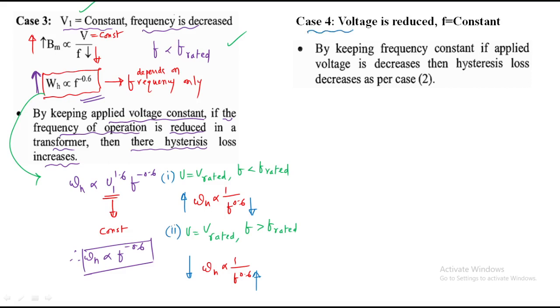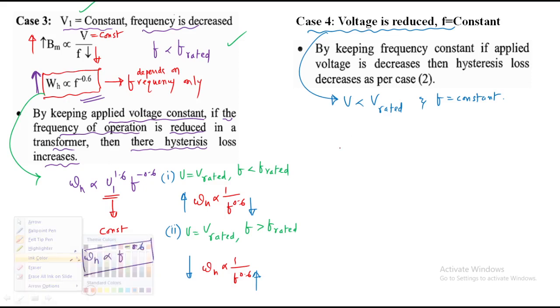Next, the fourth case is what? Voltage is reduced, that is V less than V rated, and F is constant. For this case, what is the formula? We all know that WH is proportional to V1 power 1.6 by F power 0.6.